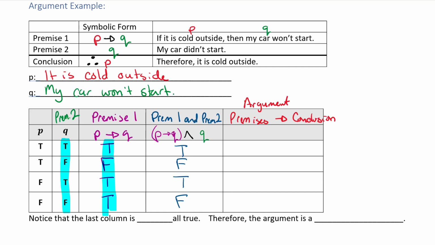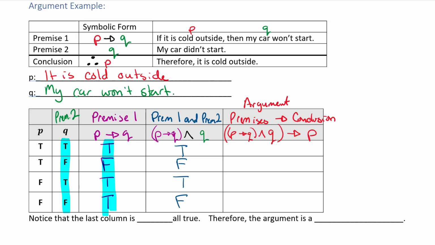If there is at least one part where it could possibly be false, then the whole argument is false. So to take the premises, I'm going to take P implies Q and Q. I'm going to put a big parentheses around that. And I'm trying to take that and implies the conclusion. Now my conclusion was P.